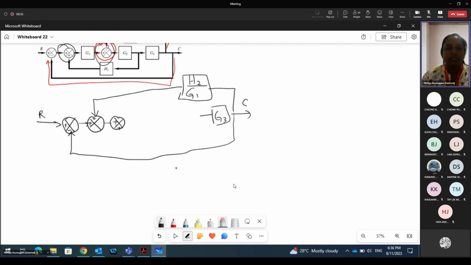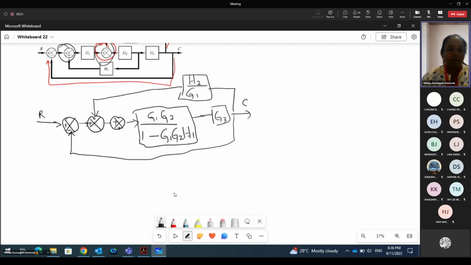The combination of G1 and G2 in series will be G1G2 over 1 minus GH, where G here is G1G2 and H here is H1. This will be the summary of the positive feedback loop.